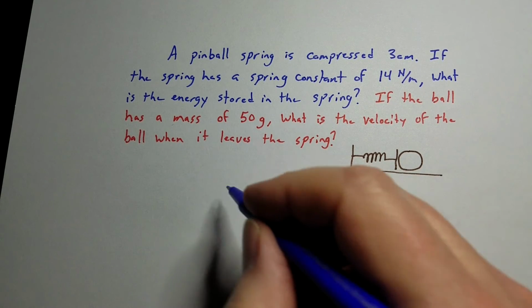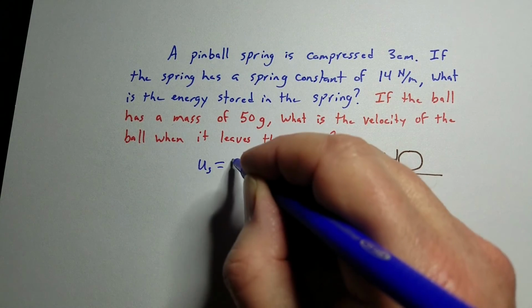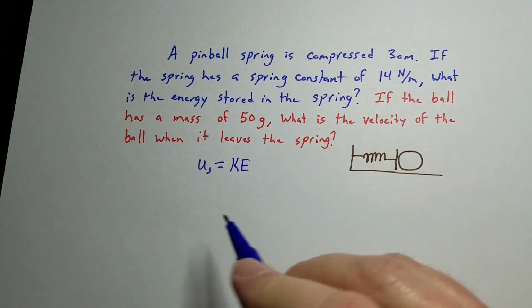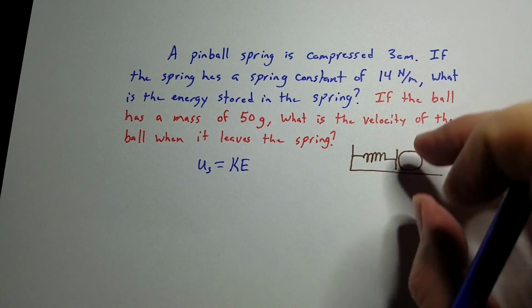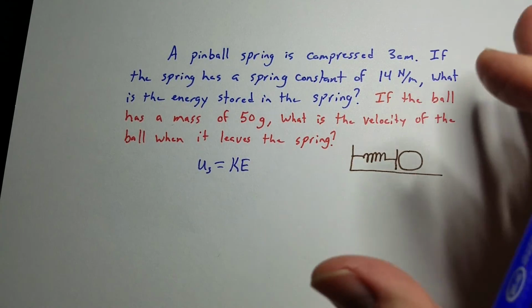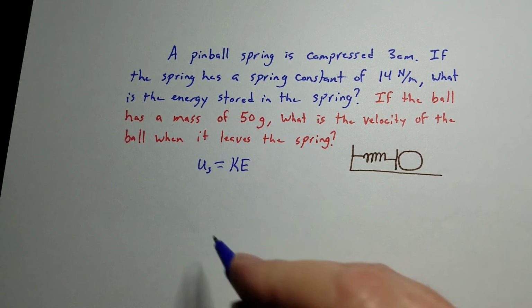So in this case, that potential energy stored in the spring will actually become kinetic energy of the ball flying off. Or it could be one where the ball rolls in and hits it and compresses the spring. It could work either way, but this time we're actually firing off a spring to launch the ball.